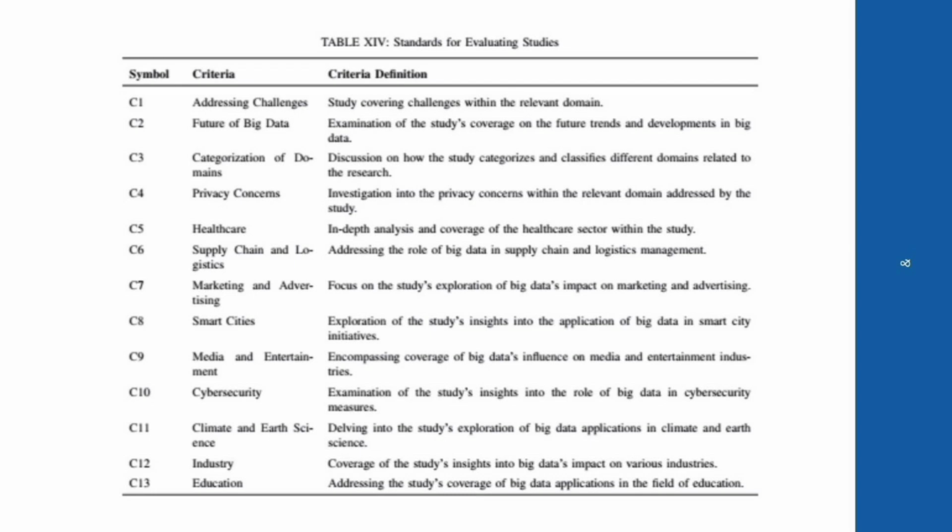You can see I have defined a very clear criteria, sampled from C1 to C13. This means that there are actually 13 criteria. The first criterion is addressing the challenges framework of big data. Actually, most studies discuss these.